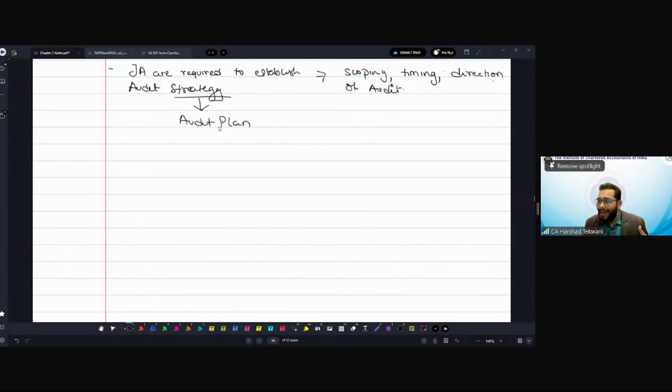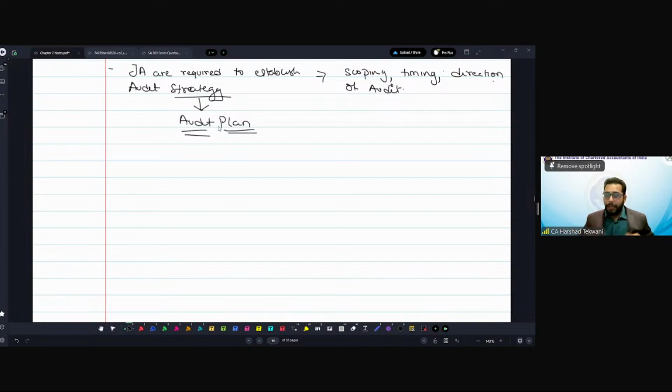Now, audit plan is something I will decide in detail, which will identify certain things. As an auditor, I have to make my audit plan in detail, extensive, to cover all the things.